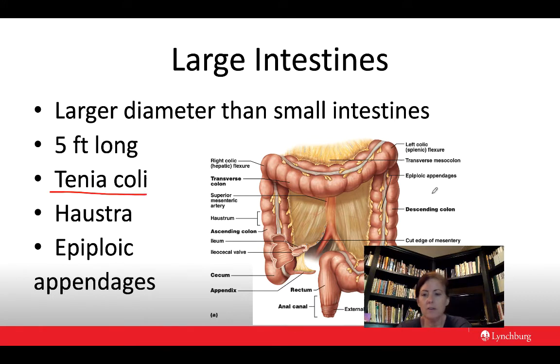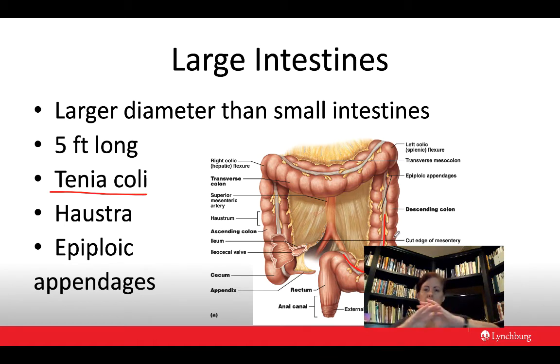Okay, if you look at this image, we've got this kind of band here, right? It's coming up the middle of the large intestines. And so this is a band of smooth muscle that basically kind of cinches up the large intestines, and it kind of creates these pockets of intestines.